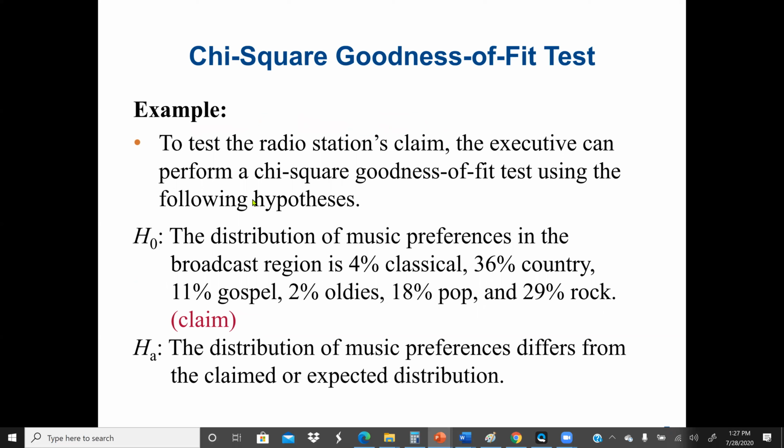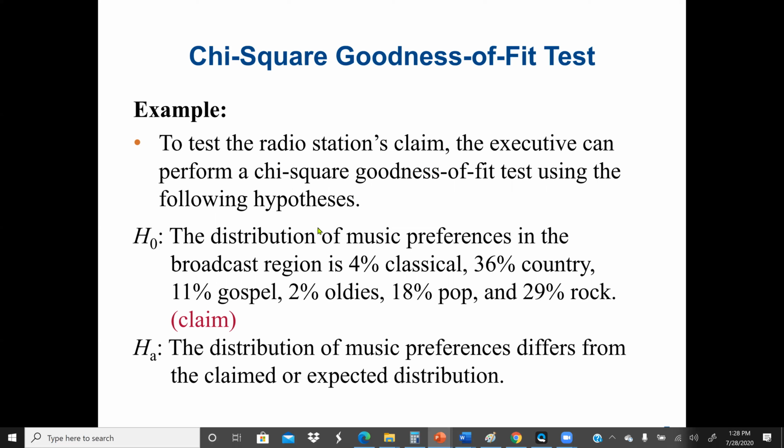We have an example here for the chi-square goodness of fit test. Here we are going to test the radio station. We saw that the radio station is a multinomial experiment because we have 6 different outcomes, or 6 different music preferences. Now we want to test a claim made by the executive of the radio station. To test the claim, the executive can perform a chi-square goodness of fit test using the following hypotheses.